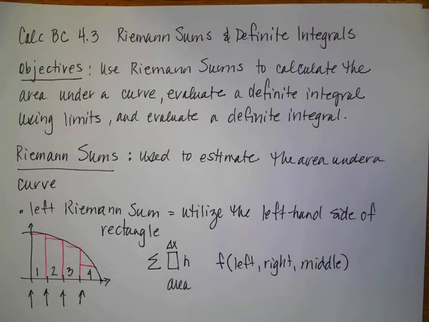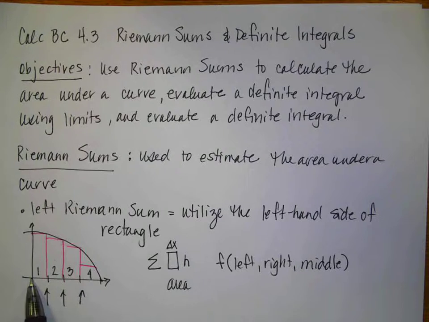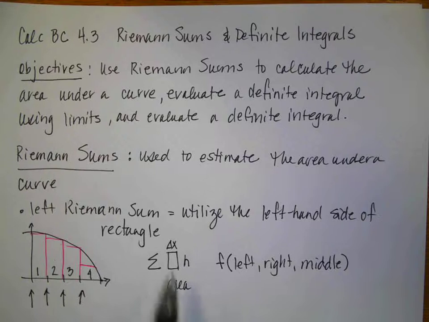So when I do a Riemann sum, I'm calculating the area of these 4 different rectangles, or however many there are, and I am summing, and I'm either using the left-hand side as the height, the right-hand side as the height, or the midpoint of that space as the height, and then I would multiply by delta x.